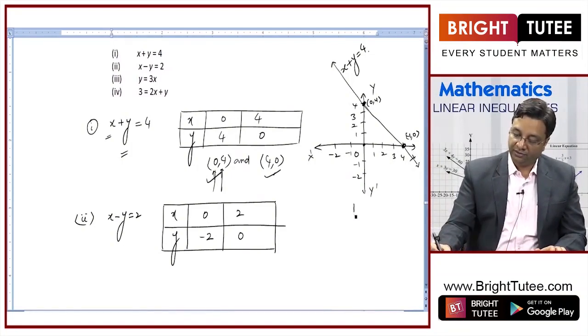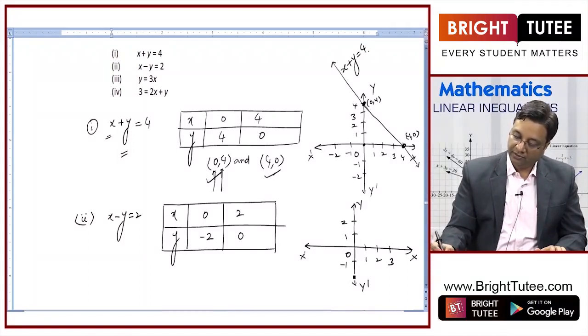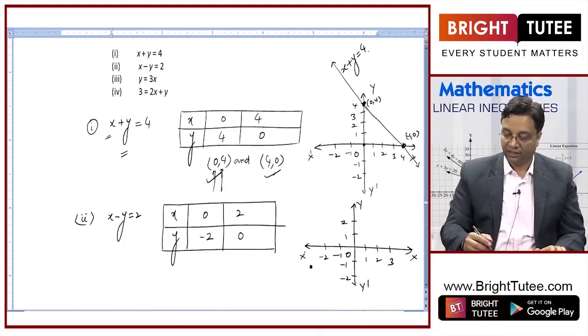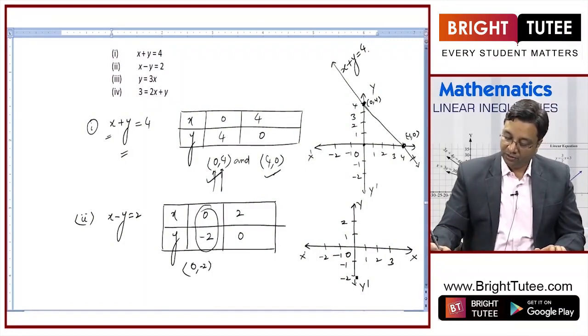So the graph of this equation will be: this is 1, this is 2, this is 3, 1, 2, negative 1, negative 2, and so on. So one point is (0, minus 2). (0, minus 2) will be this point.